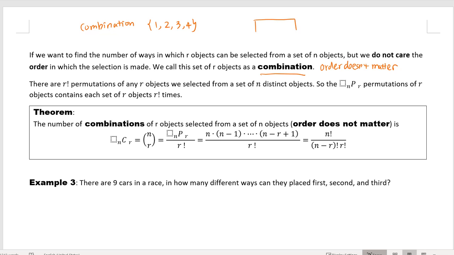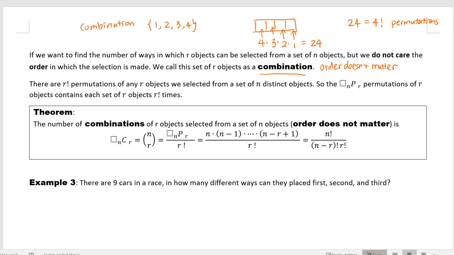If we arrange those 4 numbers, how many different permutations are there? The first one has 4 choices, then the second has 3 choices, then 2 choices, then 1. We have 24, which is 4 factorial.